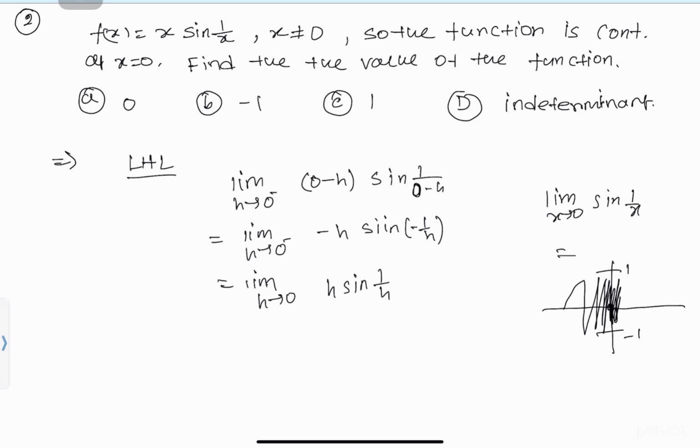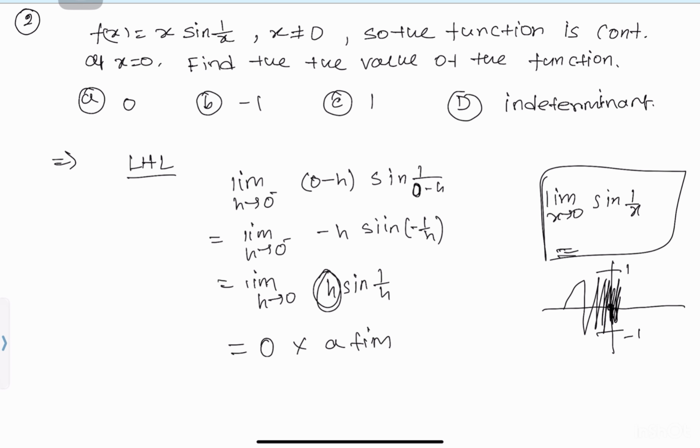That means it gives you a finite quantity but not a fixed quantity. They are oscillating between 1 and -1. That's why you can say this is not a single finite number. But whenever I multiply with h, that means multiplying with 0, this becomes 0 into a finite quantity. This does not exactly have a limit but has some finite quantity.